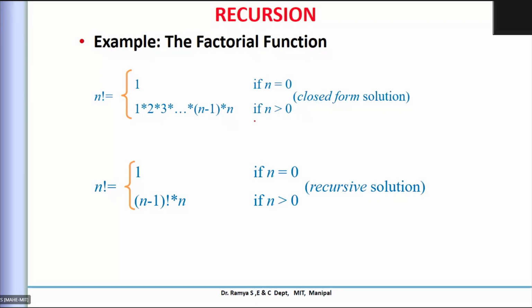I can implement the same thing with recursion. I can directly use a for loop and calculate that, or I can use this kind of representation, which is more suitable for recursion.